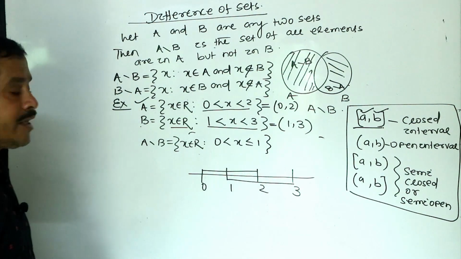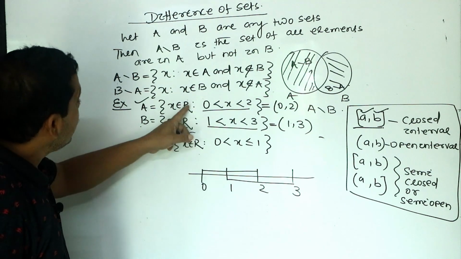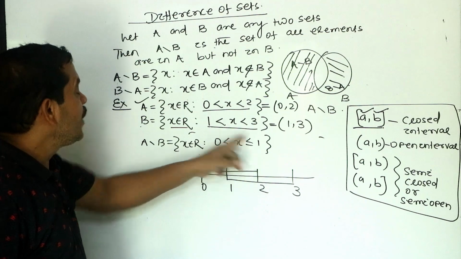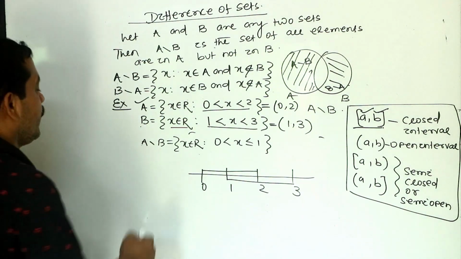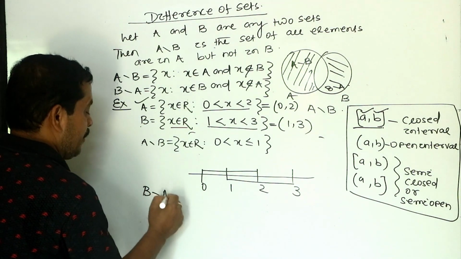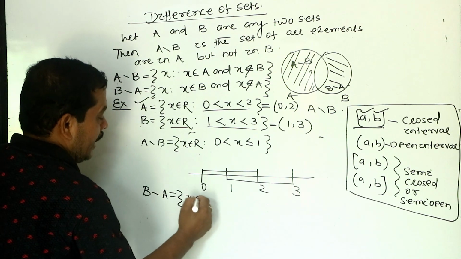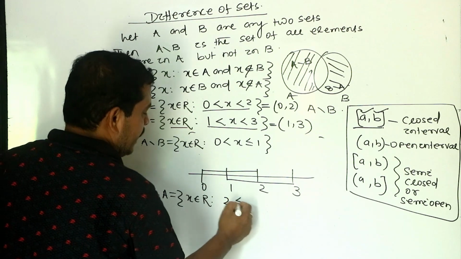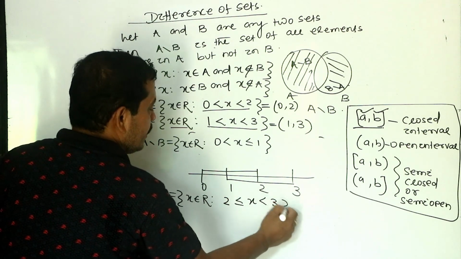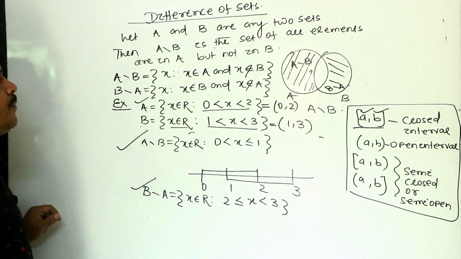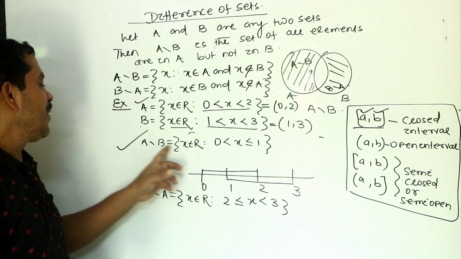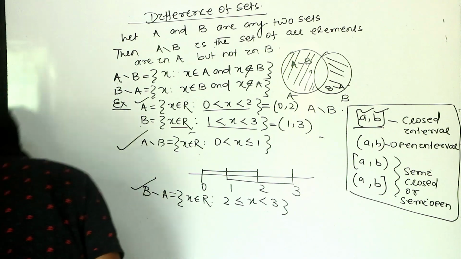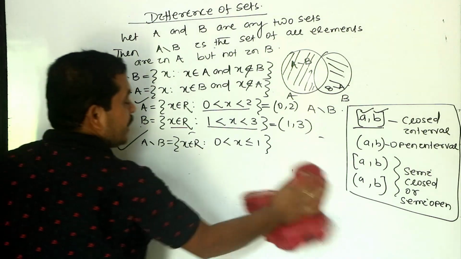That is A difference B, because 1 is in A but 1 is not in B, so 1 is included in A difference B. Similarly, B difference A is x belongs to R such that 2 less than or equal to x less than 3. That is B difference A. How can we find A difference B and B difference A?